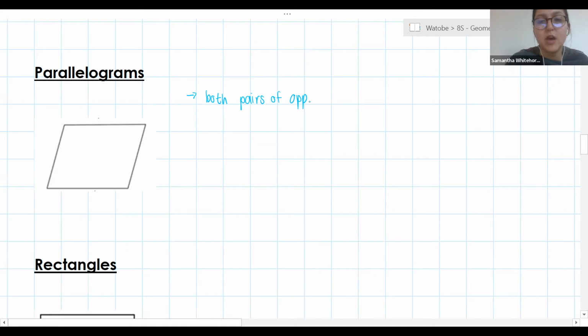Both pairs of opposite sides are parallel and equal. As Palesa says, this is a defining characteristic of what a parallelogram is. If we have a quadrilateral where both pairs of opposite sides are parallel and equal, then what we have is a parallelogram. Okay, awesome, Palesa, thank you.